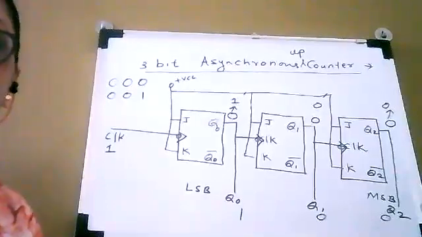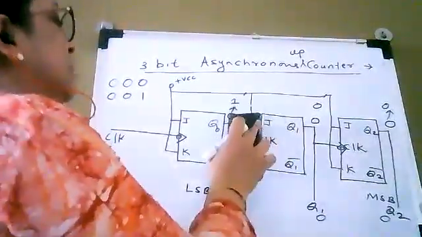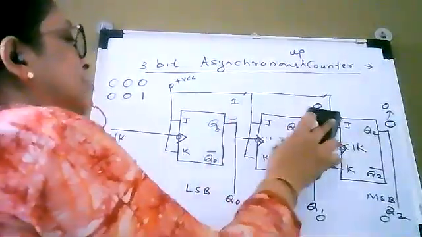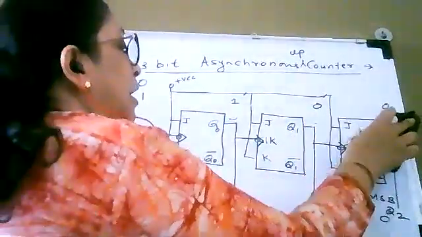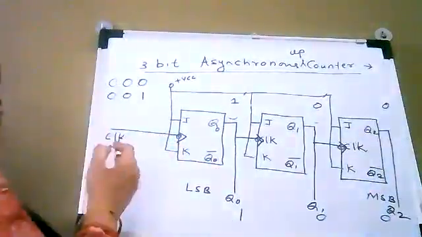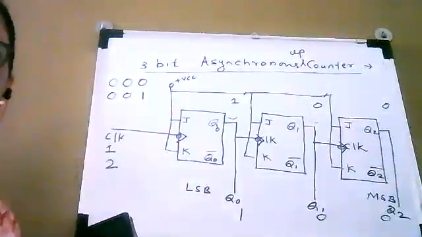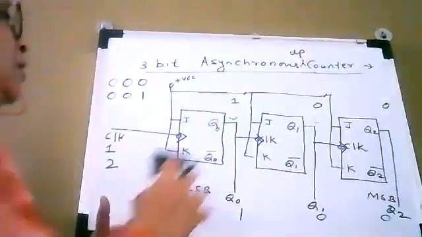Now let us see what happens if outputs are like this, 0, 0, 1, and we are applying a new clock pulse. This new clock pulse in this case is our second clock pulse.